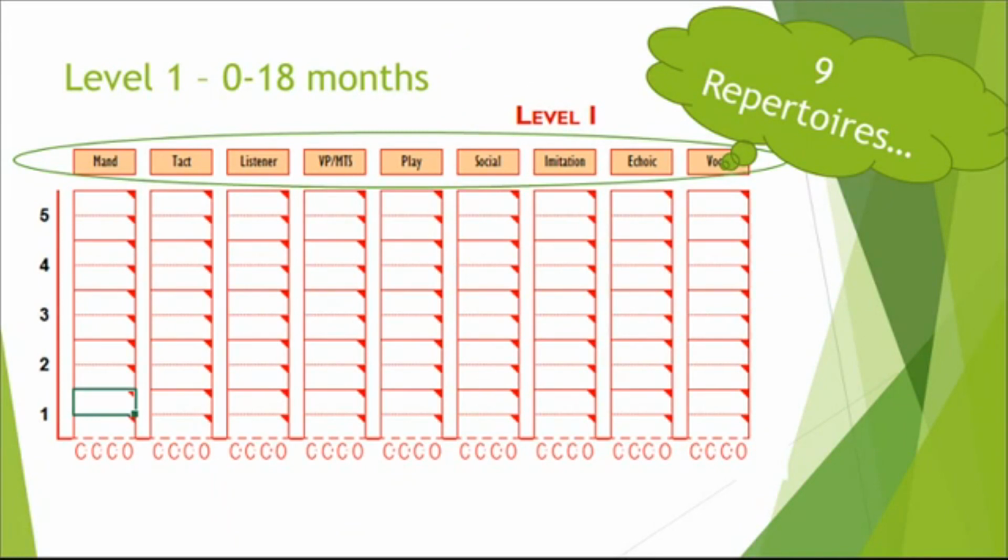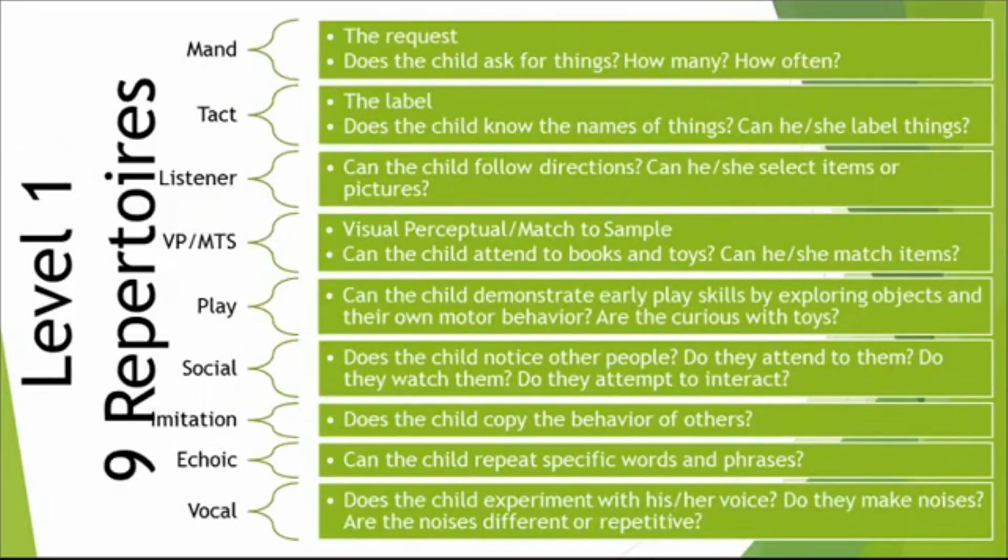So let's look at the red level. If we look a little deeper into Level 1, you will notice that it's divided into 9 different repertoires. Again, these milestones are aligned to learners who are 0 to 18 months of age. Those 9 repertoires are along the top, and each one has some detail.